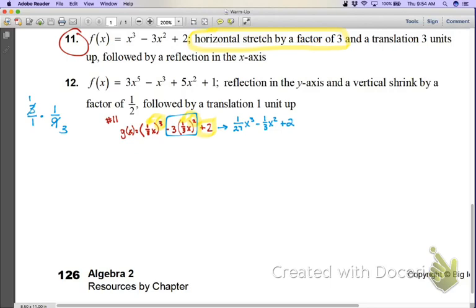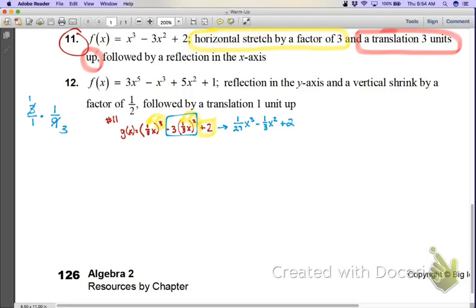Now from there, I'm going to take the blue one and do the next thing. The next thing says to be a translation 3 units up. So what am I going to do then to my blue equation, or the writing in blue? If it's going to go up 3, what do I need to do to this function? Add 3. Where am I going to add 3?